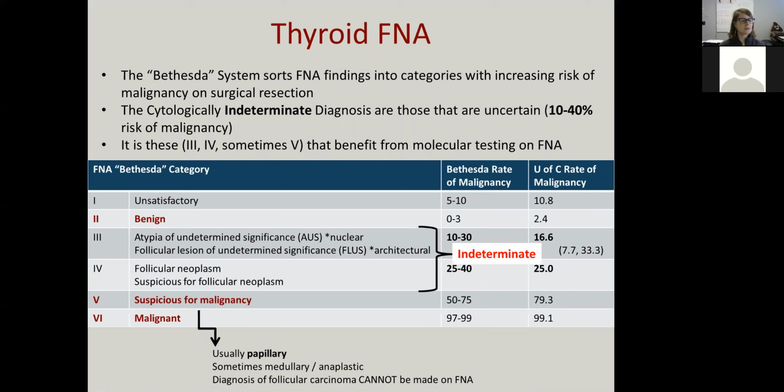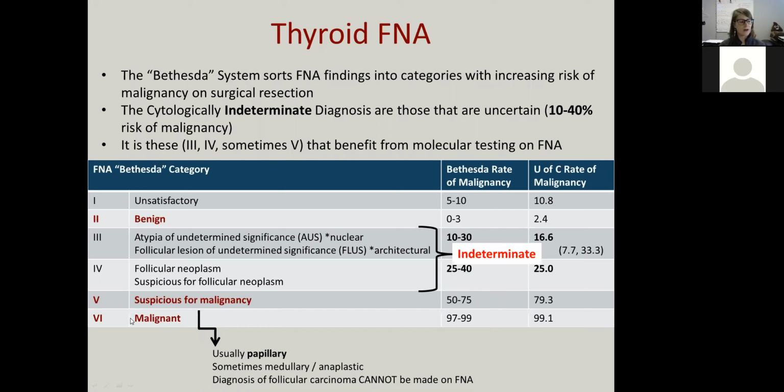So the Bethesda system sorts FNA findings into categories with increasing risks of malignancy upon final surgical resection. Unsatisfactory, or Bethesda category 1, is essentially we didn't really get many cells, repeat. A Bethesda category 2 is the cytologic features are consistent with a benign nodule.